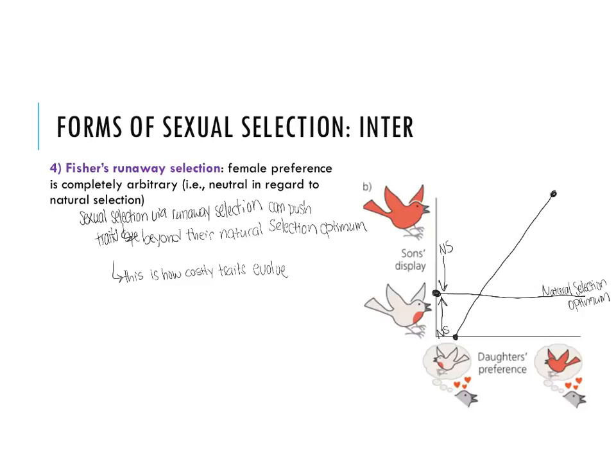So in either case, again, out here, sexual selection is pushing you up. And down here, natural selection is pushing you down. So you can see, depending on where we are in the graph, that natural selection and sexual selection are opposing each other. And so what you get is a compromise.